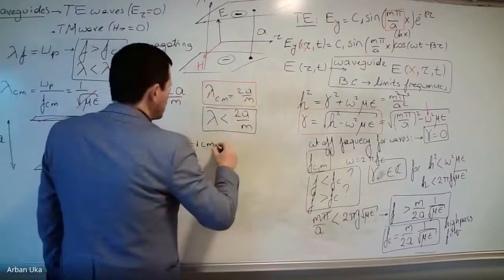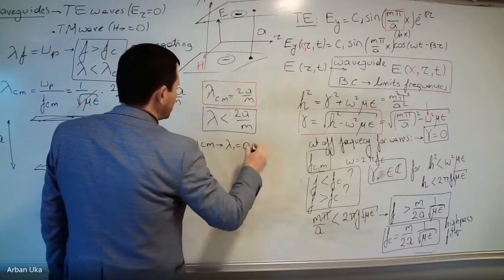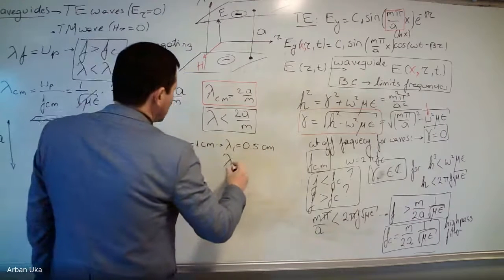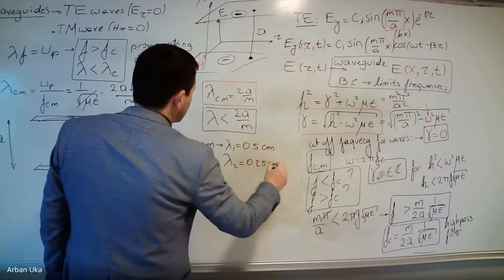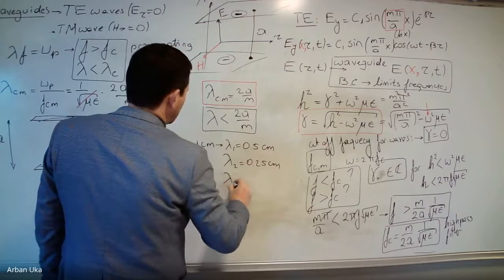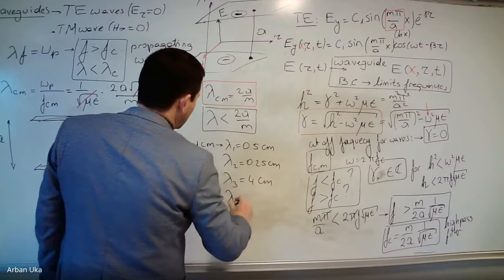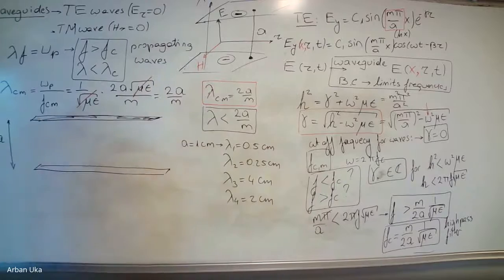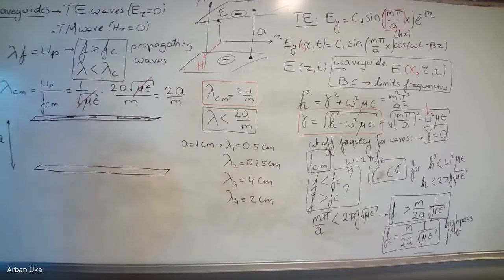So let's assume that lambda 1 is equal to 0.5 centimeter, lambda 2 is equal to 0.25 centimeter, lambda 3 is equal to 4 centimeter, and lambda 4 is equal to 2 centimeter. Okay, so these are some given wavelengths for this distance between the plates.